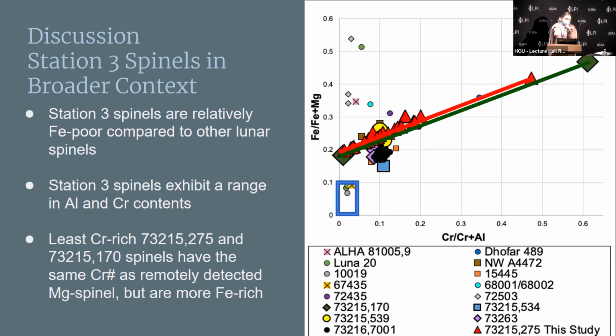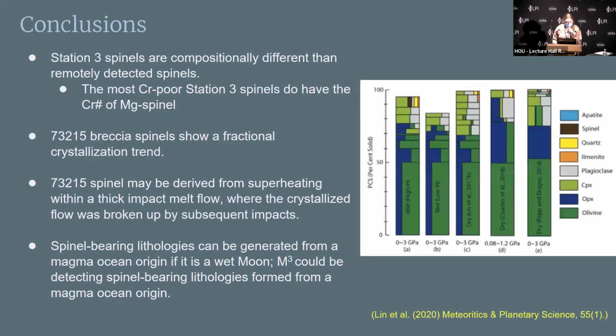And Station 3 spinels have a really large range in aluminum and chromium contents. Looking at that blue box, we can see that the most chromium-poor 73215 and 73215-170 spinels have the chromium number of the Mg spinel, but they are more iron rich.